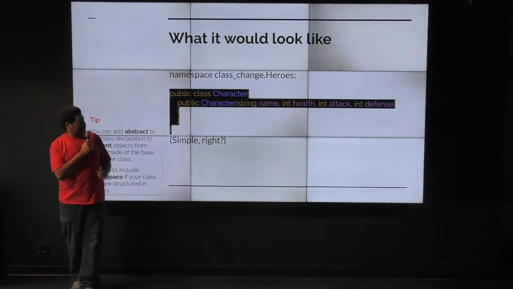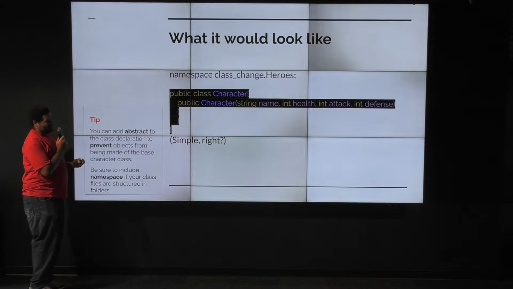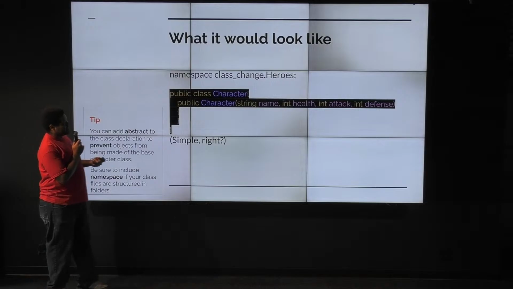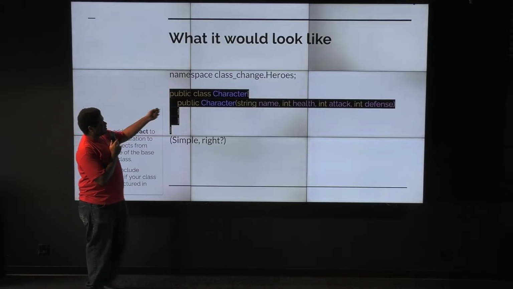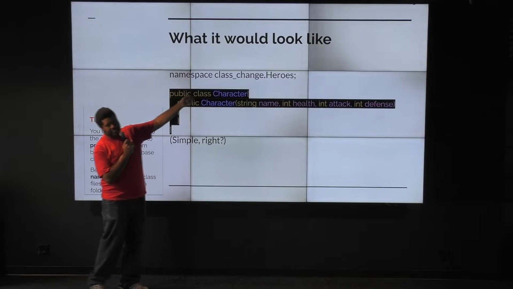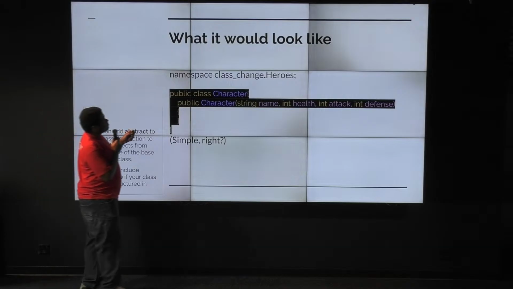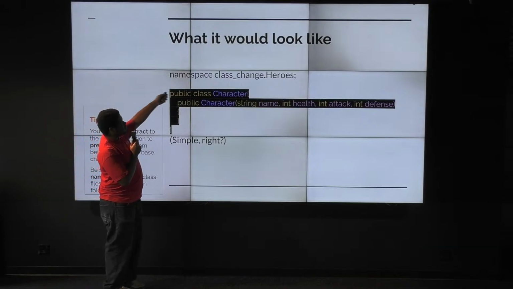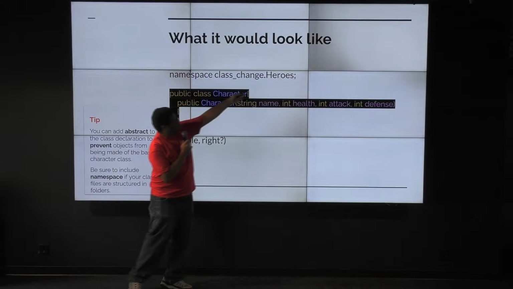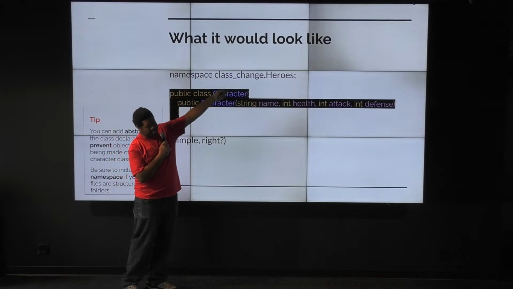So here's what a constructor would look like in the context of making a character. We have a public class. You'd also include a namespace if you have folder structures, because if you have it in a folder labeled heroes, no other class that wants to inherit from it will be able to see it if you don't have this.